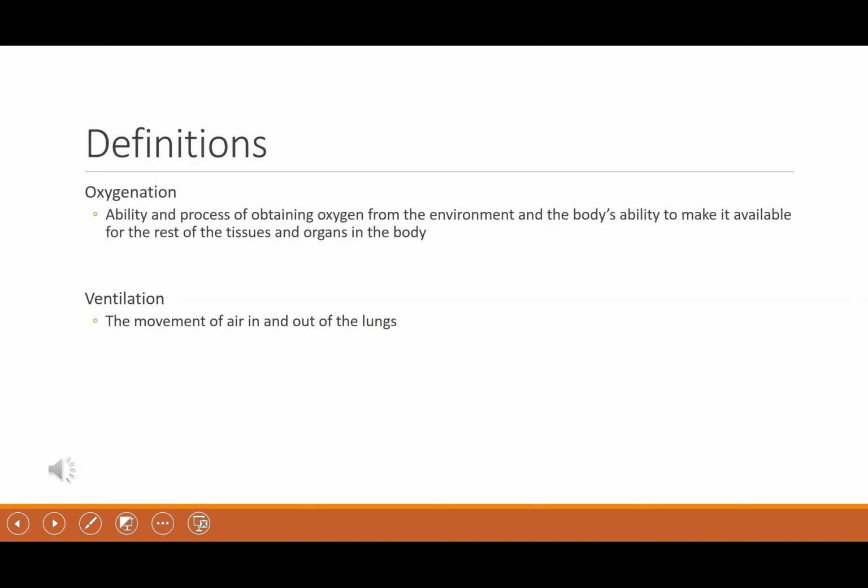So looking at oxygenation. This is a really great definition, so I'm going to read it a couple times. Oxygenation is the ability and process of obtaining oxygen from the environment and the body's ability to make it available for the rest of the tissues and organs in the body. That's very different than ventilation. When I was an acute care nurse, I thought a lot about oxygenation.